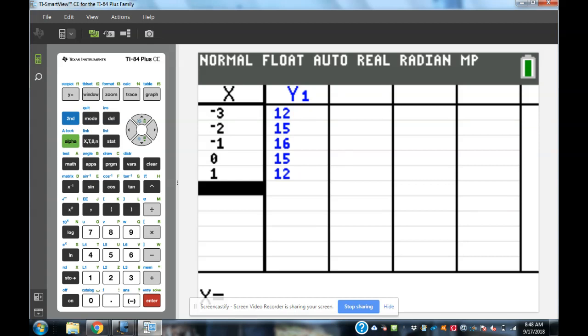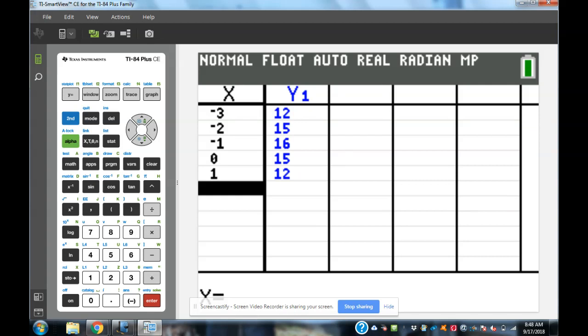So what x value should I plug in to check? Zoom 6.